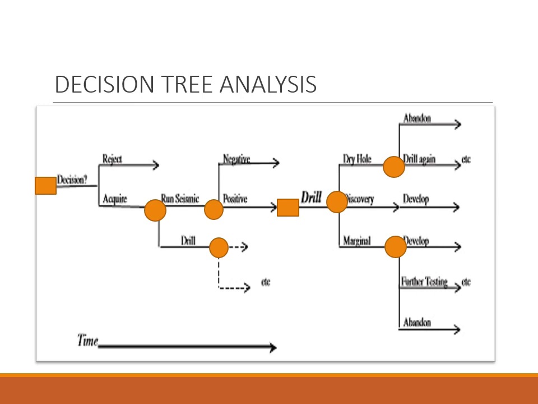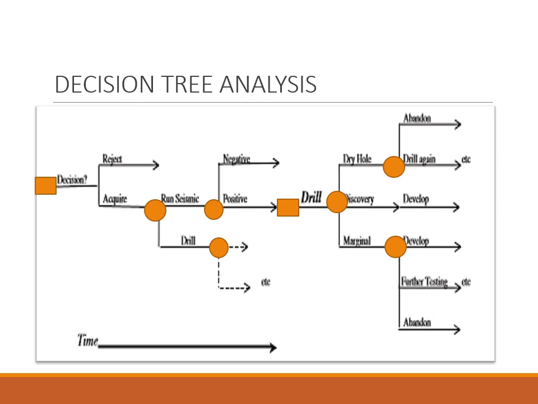If the result is positive, then you probably decide that, okay, drill. Now, if you drill, there would be chances that you would discover a dry hole. Or you get a good discovery, or there's also a chance that you will discover a marginal field.